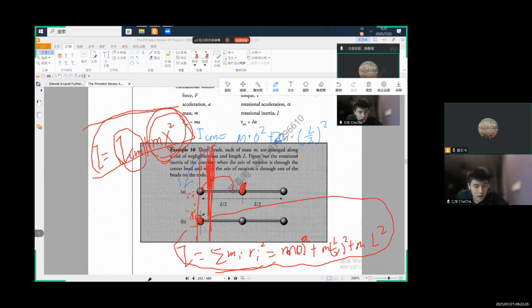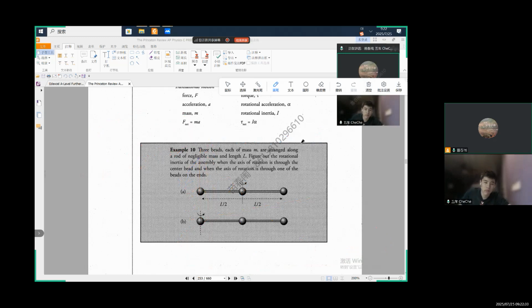So now I can use it for our question 14, which is the I. That suggests that the inertia always gets bigger, always a bit bigger, as you move to the sides.